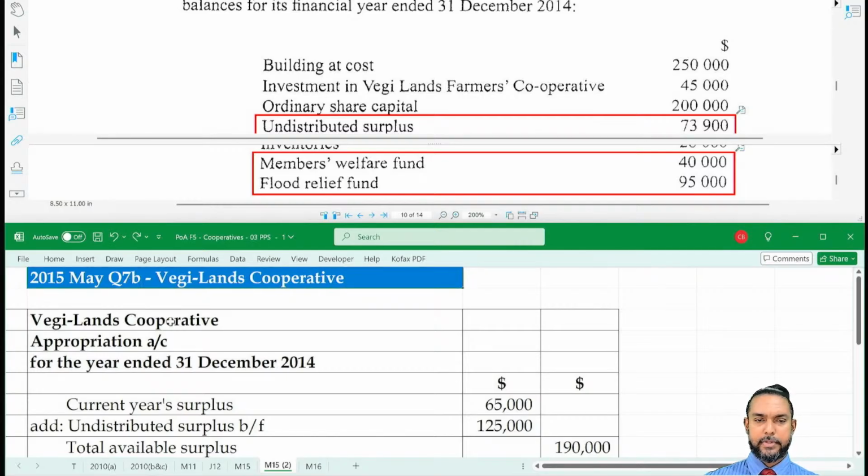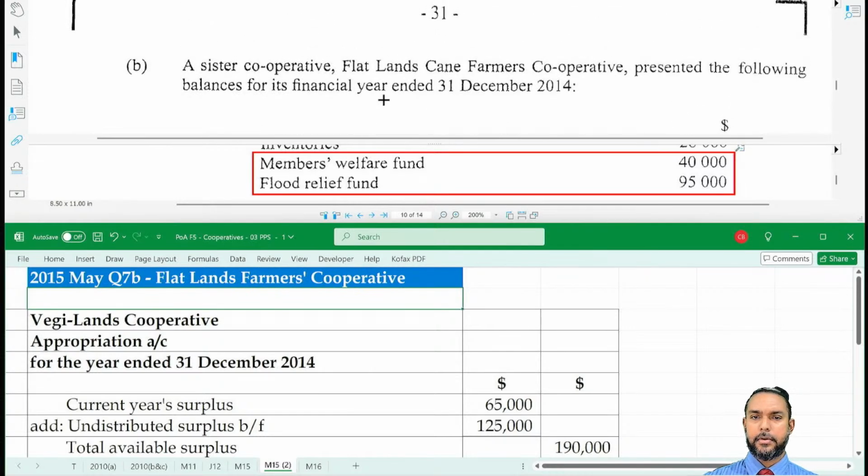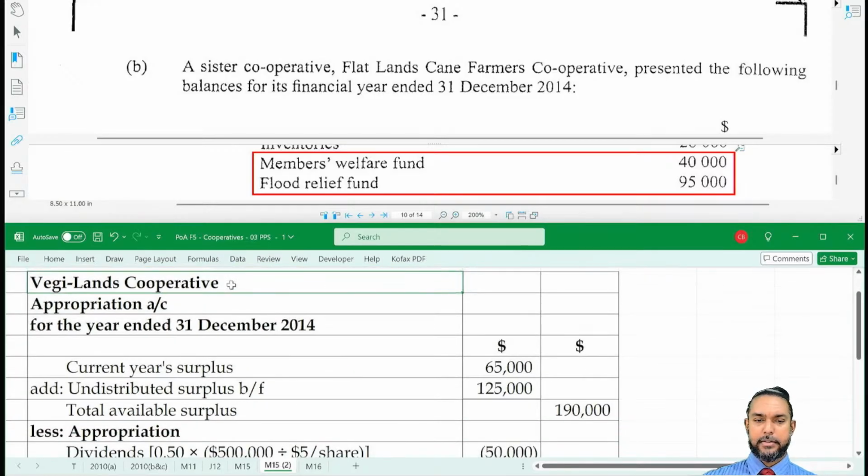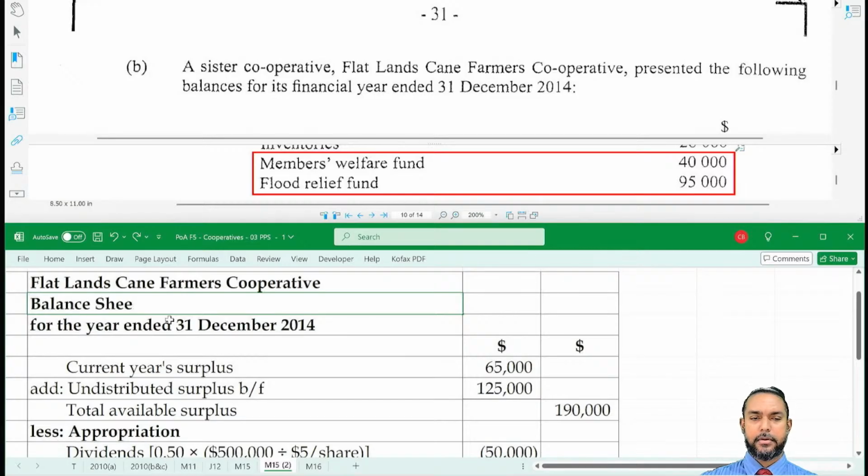Right, so part B, Flatland Cane Farmers. Right, balance sheet extract, as at.